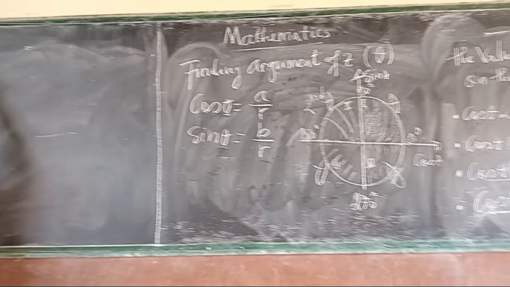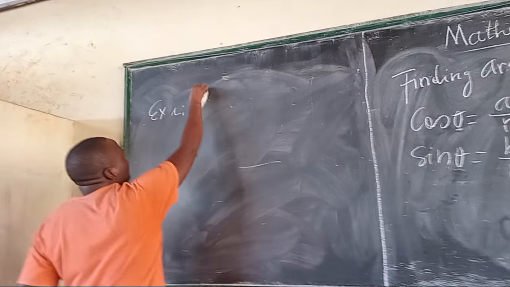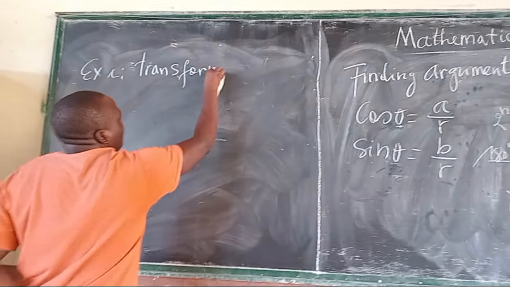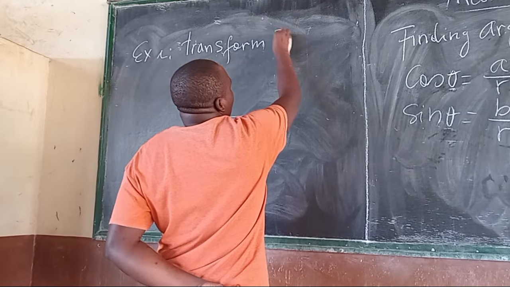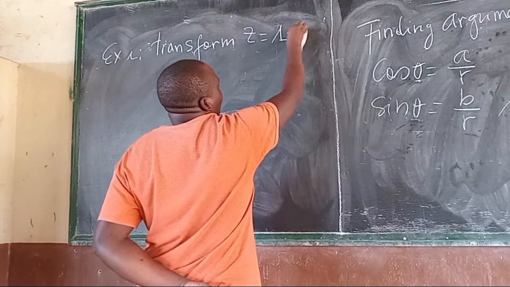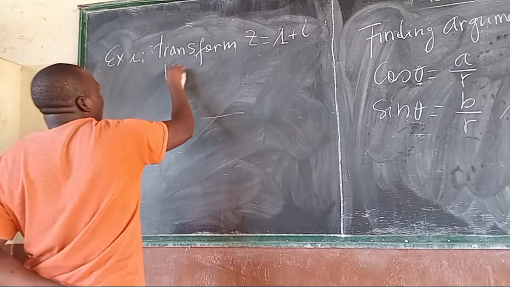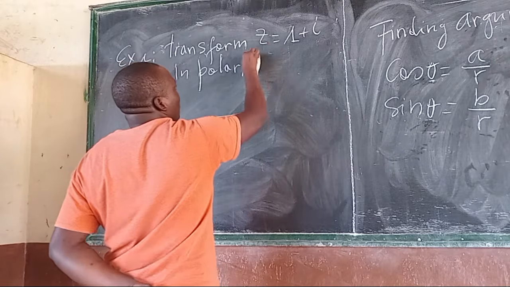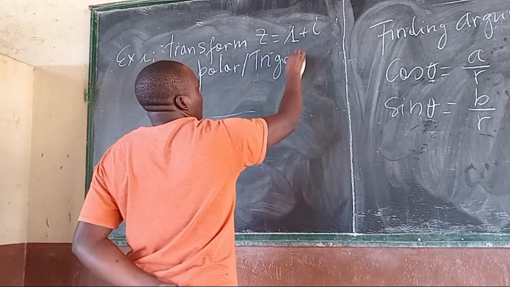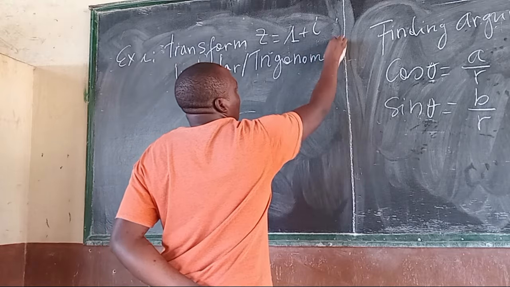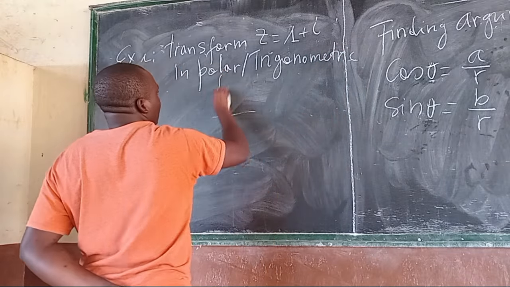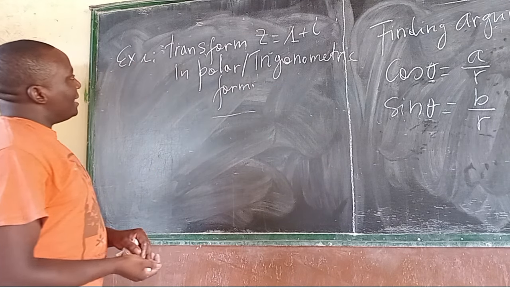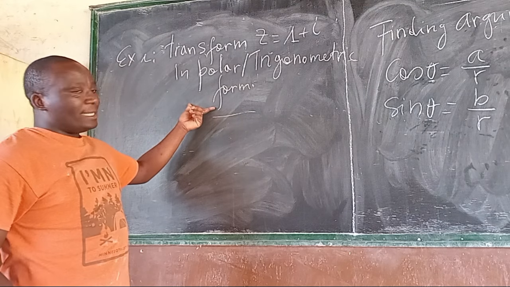Example number 1. Transform z equal to 1 plus i into polar or trigonometric form. Teachers, see this good and simple example.